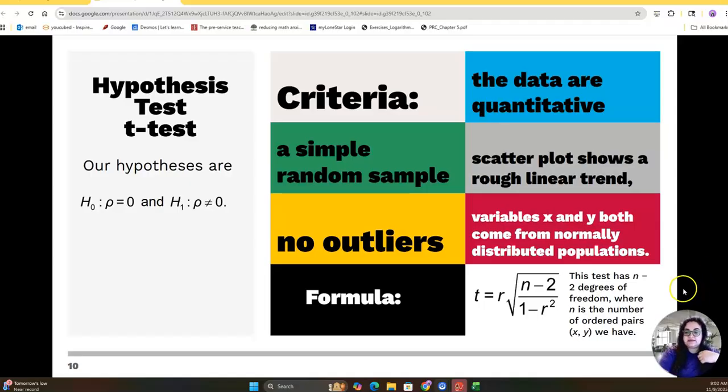So we'll do a t-test with what's called n-2 degrees of freedom. So that is the height, and that's just, again, based on the number of data points. So the t-test has a test statistic t, which is equal to the correlation coefficient r times the square root of the degrees of freedom divided by 1 minus the square of the correlation.